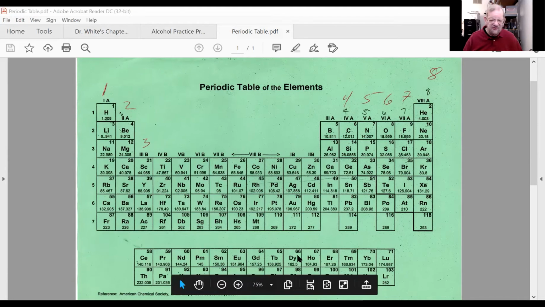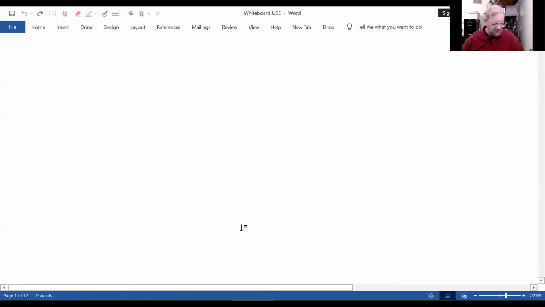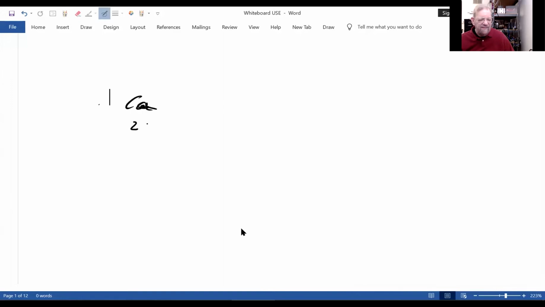Now, you don't have to show this on a test, but I like to do it. And we said it wants to have the same number of electrons as the nearest noble gas, argon, but the protons don't change. And therefore, each electron is a -1 charge.